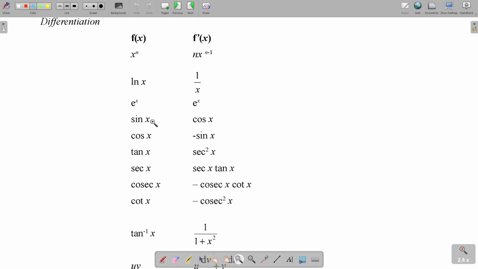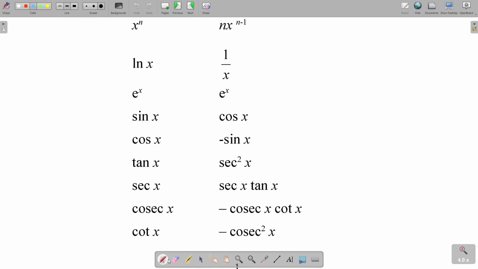If I'm going to differentiate sin x, what is the differentiation there? The differentiation of sin x, I want to underline, sin x is going to be cos x. So go back. Did you see? I used my sheet.